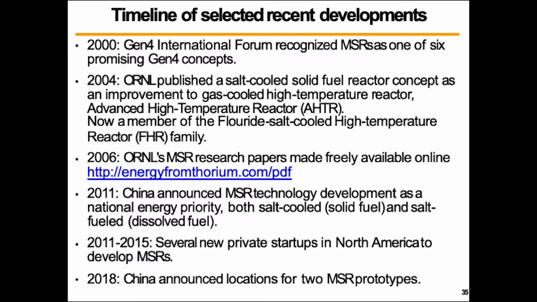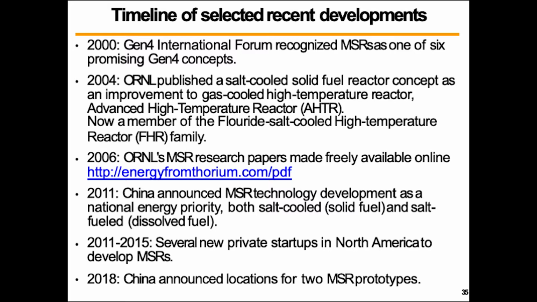So what has happened? In the year 2000, the Generation 4 International Forum for the next generation of nuclear reactors was formed and recognized molten salt reactors as one of the 6 promising concepts in this next generation. In 2004, Oak Ridge started to work on a salt-cooled system with solid fuel.